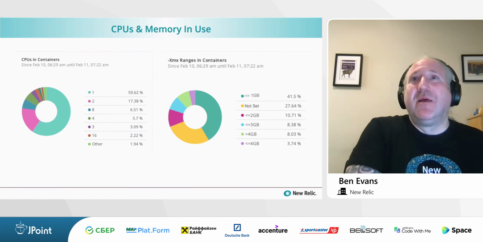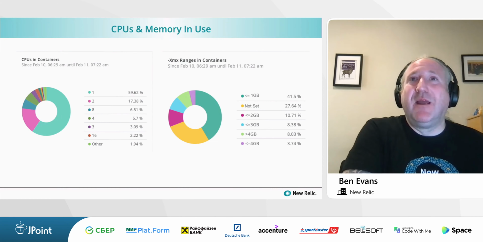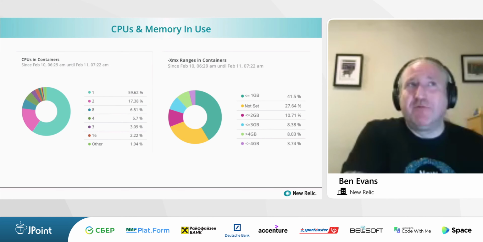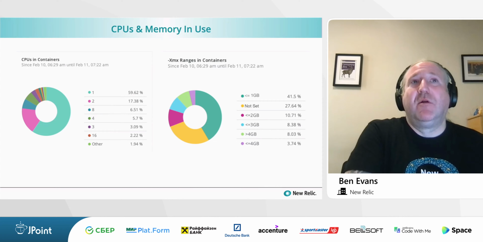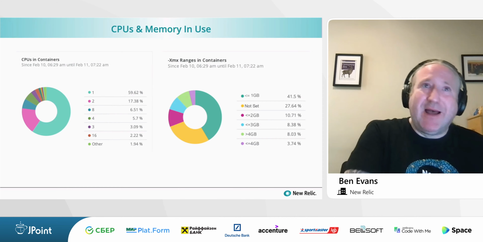Okay, wow, this has got some interesting data, because what we're looking at here are two things. On the left, we've got the number of CPUs that people have in containers, and you can see that over half of Java applications run with a single CPU, and that's really bad.